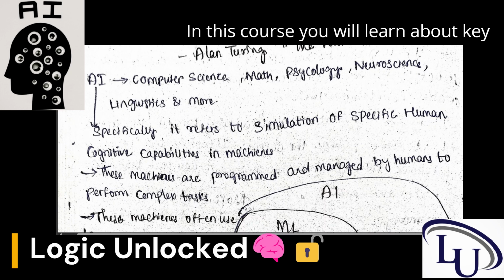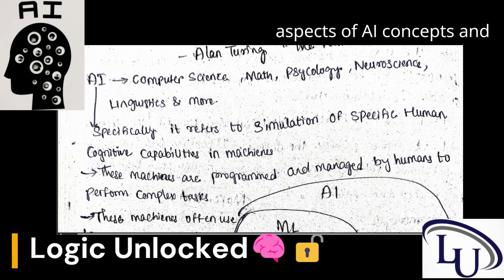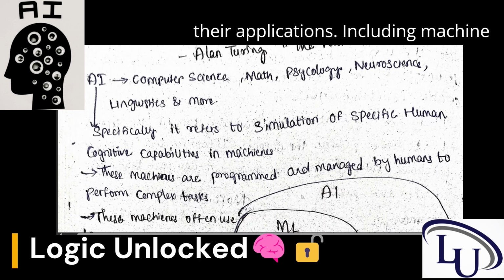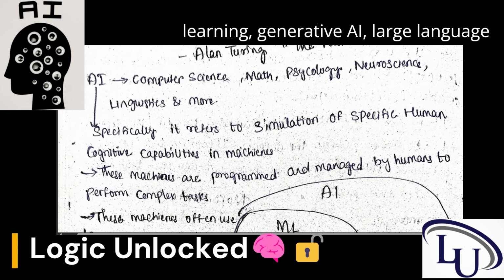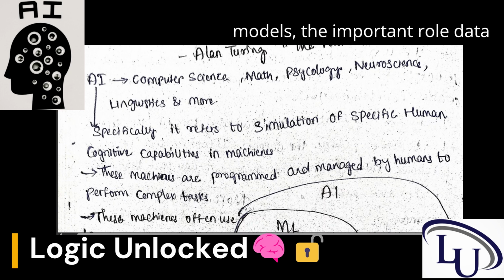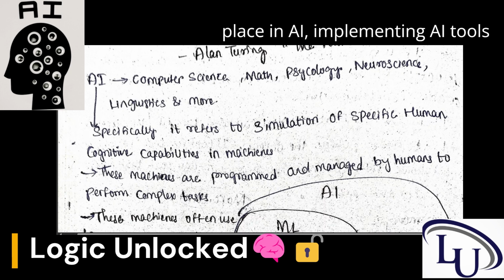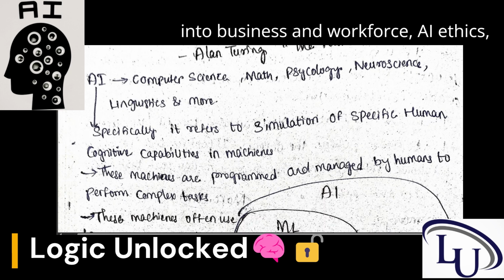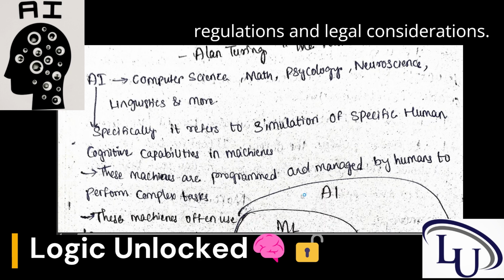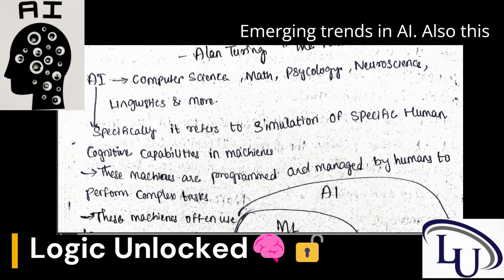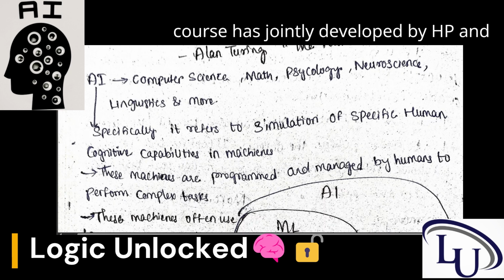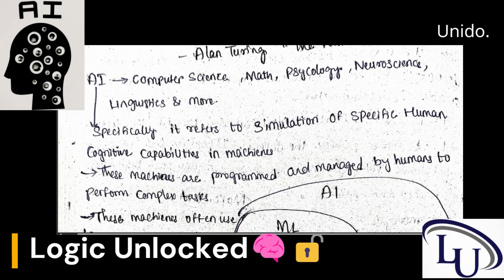In this course, you will learn about key aspects of AI, concepts and their applications including machine learning, generative AI, large language models, the important role data plays in AI, implementing AI tools into business and workflows, AI ethics, regulations, and legal considerations, and emerging trends in AI also. This course has been jointly developed by HP and UniDo.